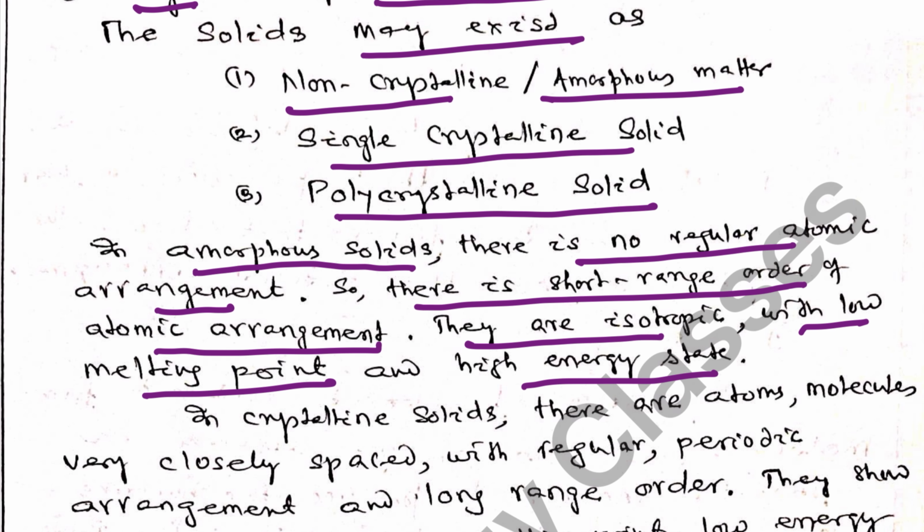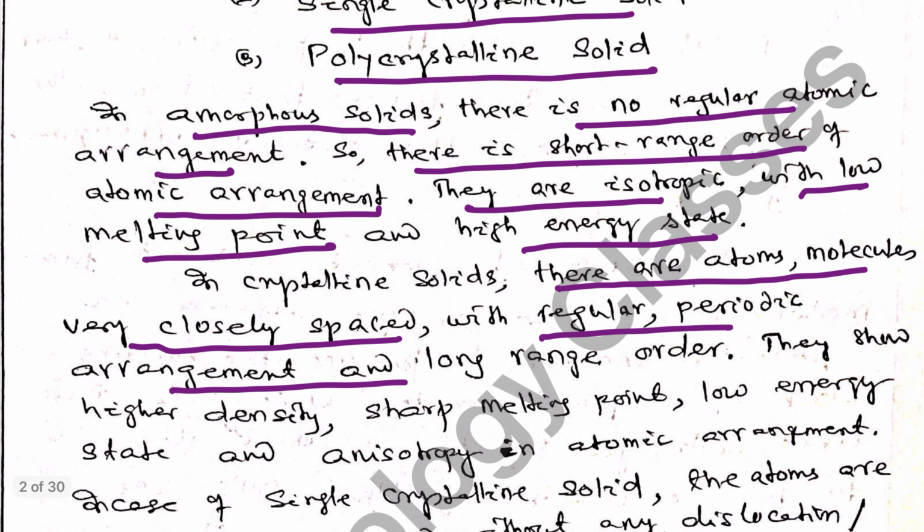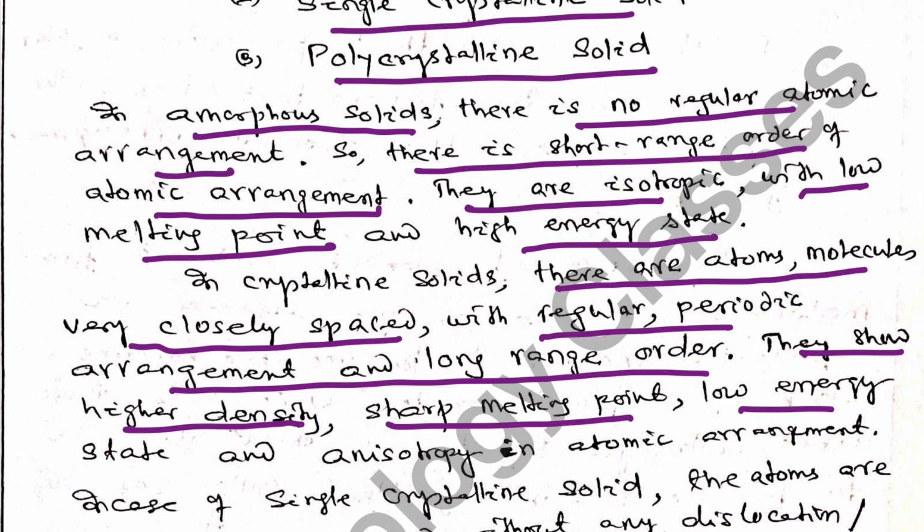In crystalline solids, there are atoms and molecules which are very closely spaced and have a regular periodic arrangement and a long range order. They show higher density, sharp melting point, low energy state because it is a stable state, and anisotropy in atomic arrangement.